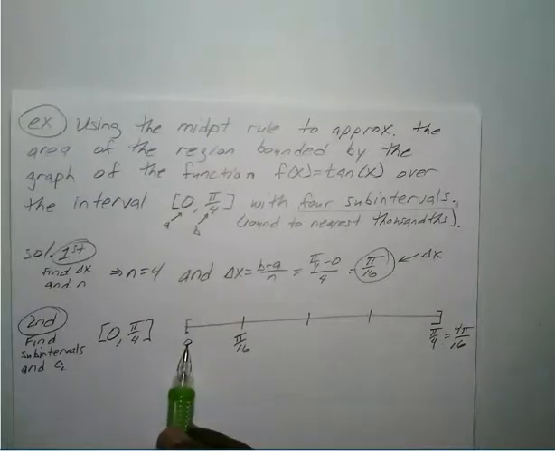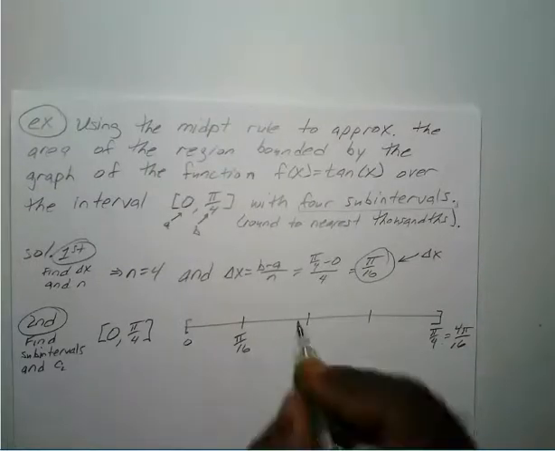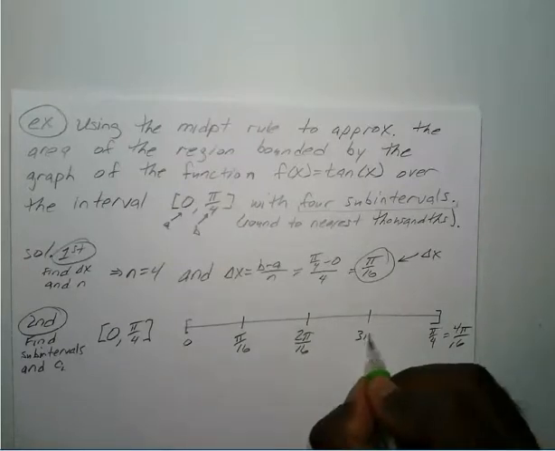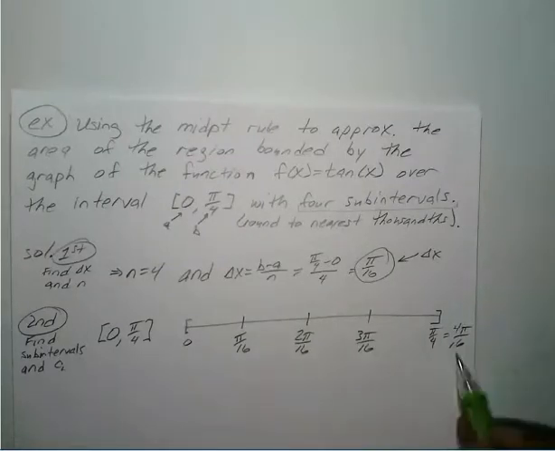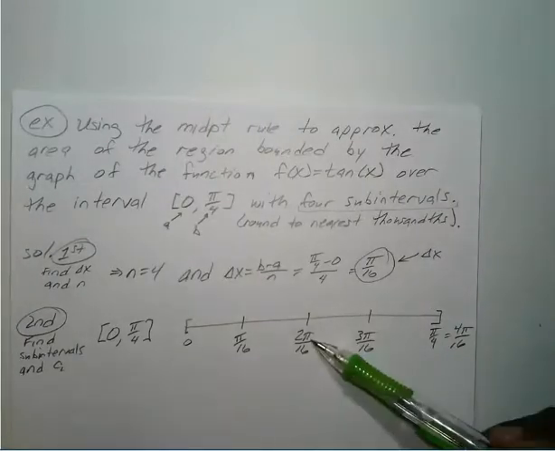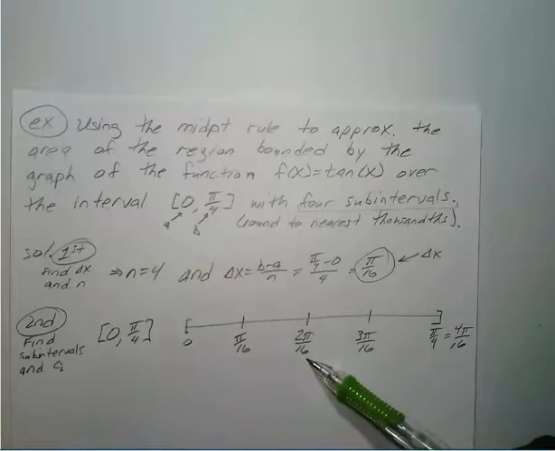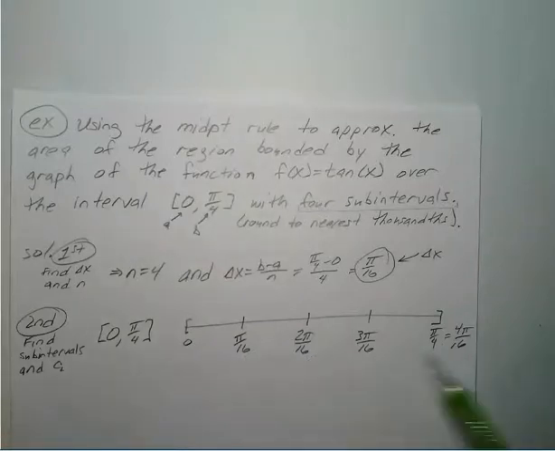So you go from 0, you have 1 pi over 16, 2 pi over 16, 3 pi over 16, and 4 pi over 16. Now, you could simplify 2 pi over 16 to pi over 8, but I'd leave it like this because you now have everything with the same denominator. It makes it easier to add them together. You can simplify if you like, but you'll have to take it back to 2 pi over 16 later, so you might as well leave it right here.